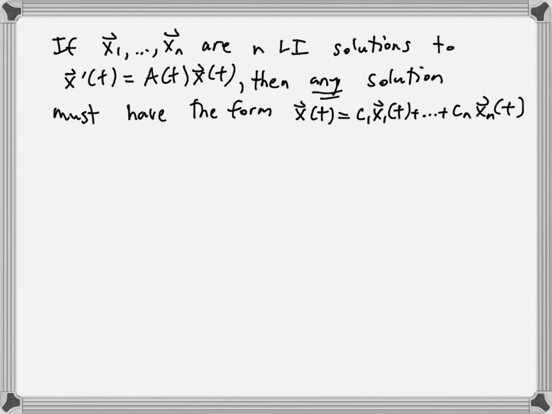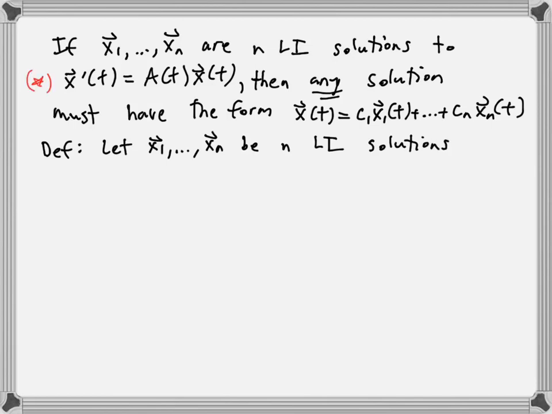Okay, so we have definitions for this. In the vector form, we have new terminology. So let's let x1 all the way to xn be n linearly independent solutions. Let me go ahead and call this star, because we're going to be referring to this homogeneous vector equation a lot. So let's let these be n linearly independent solutions to star.